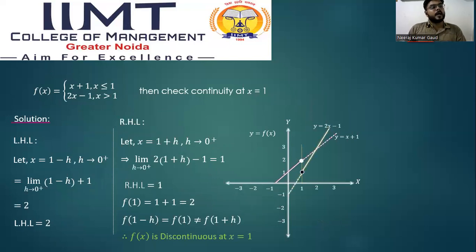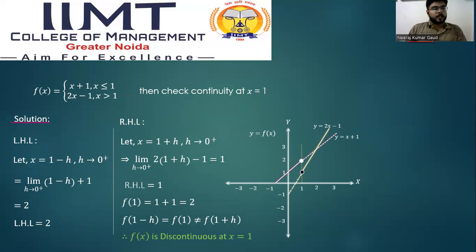Another example, f(x) is equal to x plus 1 when x is less than or equal to 1, 2x minus 1 when x is greater than 1. And then check the continuity at x equal to 1. So from the graph, we can easily check out. Also, mathematically, we can check LHL, let x is equal to 1 minus h, where h tends to 0 positive. Limit h tends to 0 positive 1 minus h plus 1, which is 2.